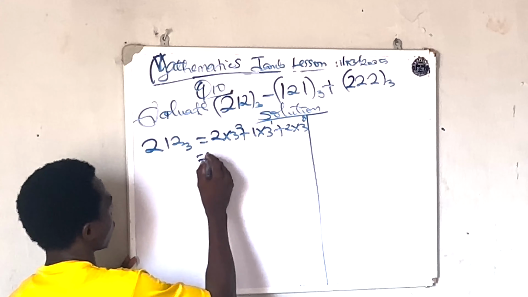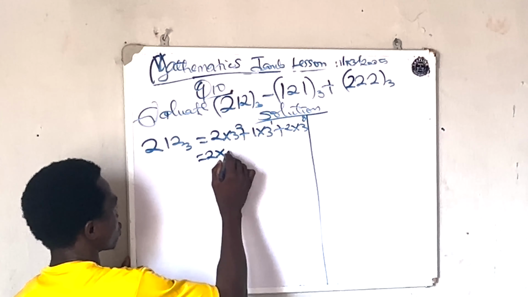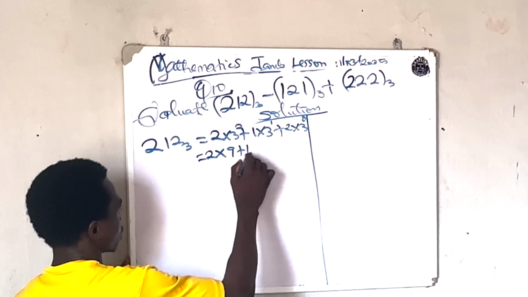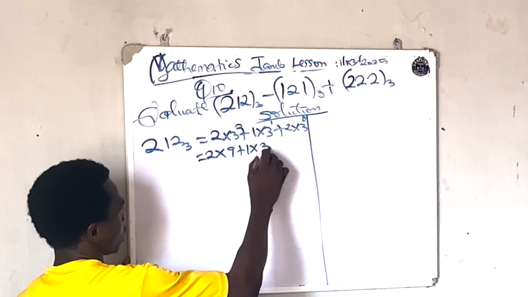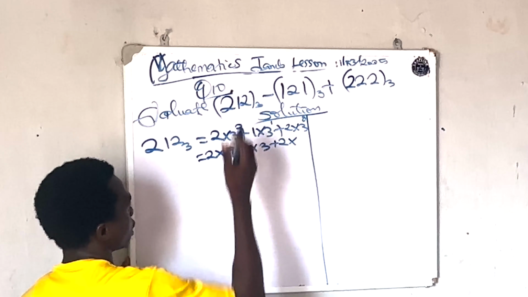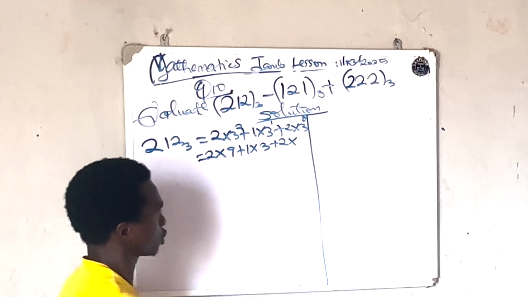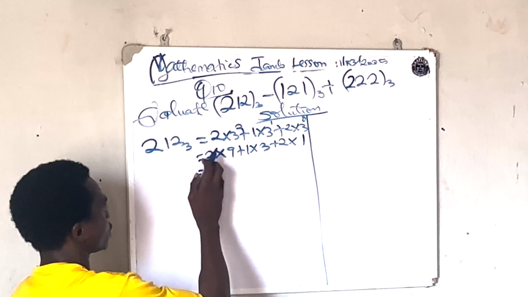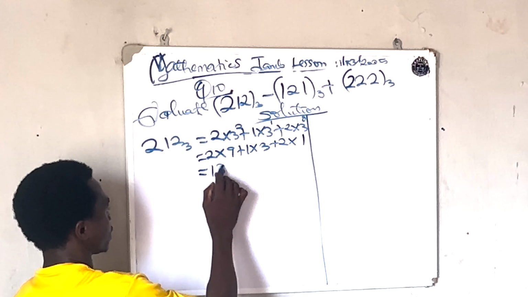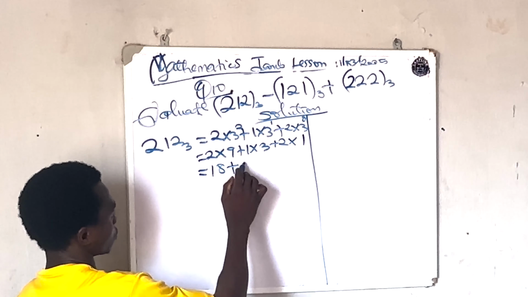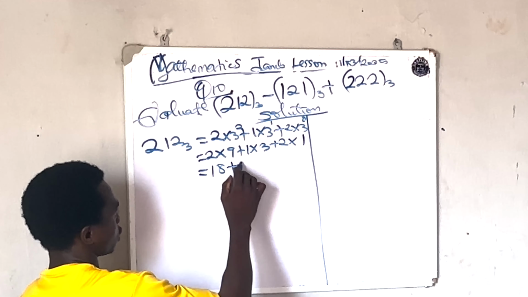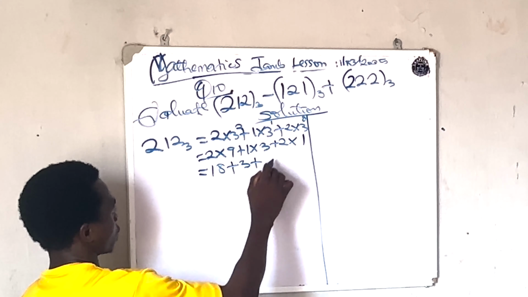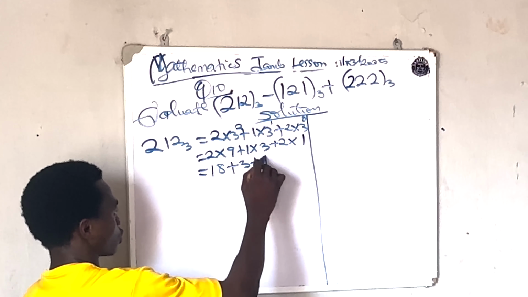So I will have 2 times 3 raised to the power 2, which is 9, plus 1 times 3 raised to the power 1, which is 3, plus 2 times any number raised to the power 0, which is 1. Next, 2 times 9 gives me 18, plus 1 times 3 gives me 3, plus 2 times 1 gives me 2.